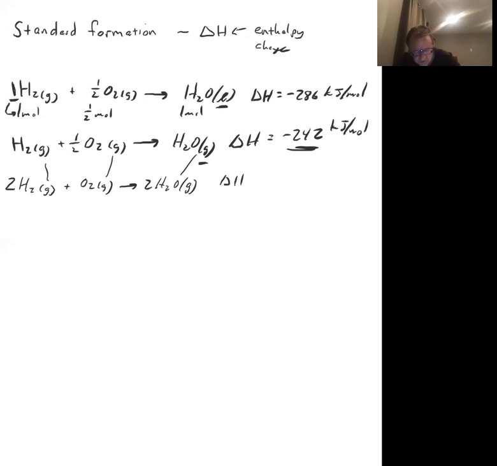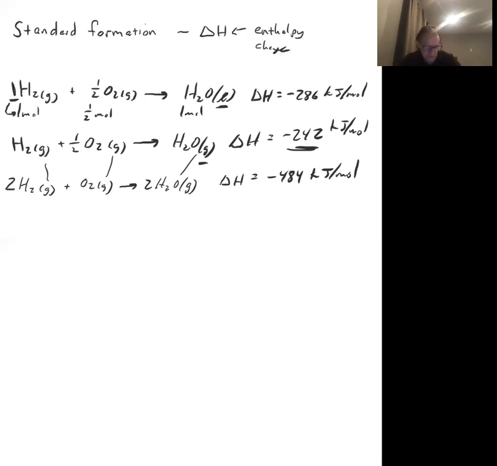What we learned with enthalpy is then that would be minus 484. You would multiply that by 2, right? So what that tells us is that the states of matter and what the coefficients are in the equation affect what the enthalpy change is, what delta H is. Delta H is affected by the coefficients, and it's affected by what states of matter we have.